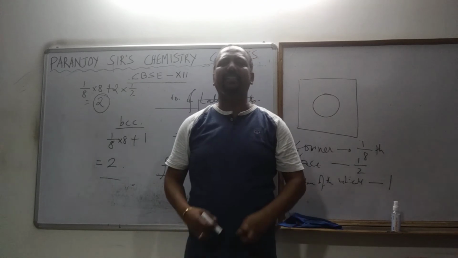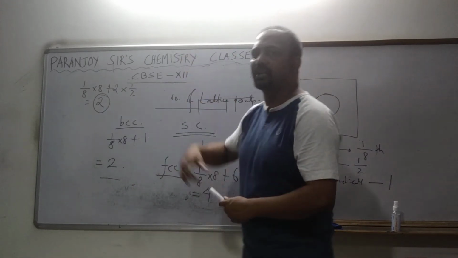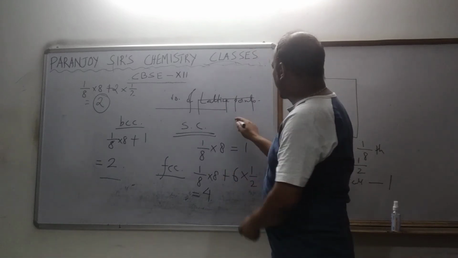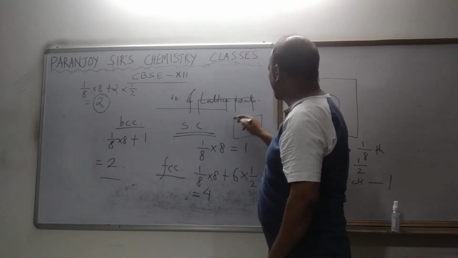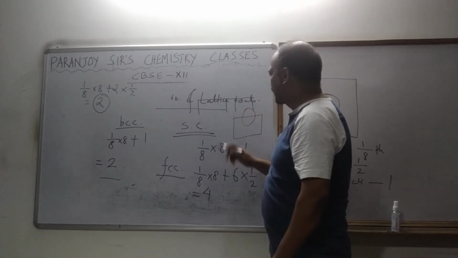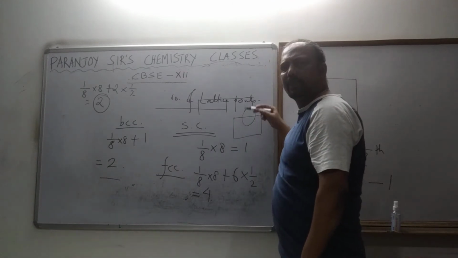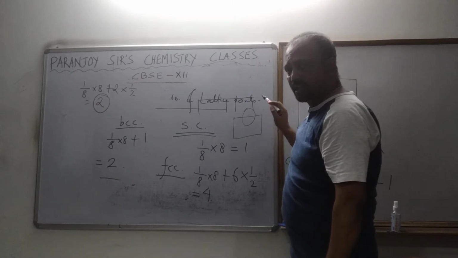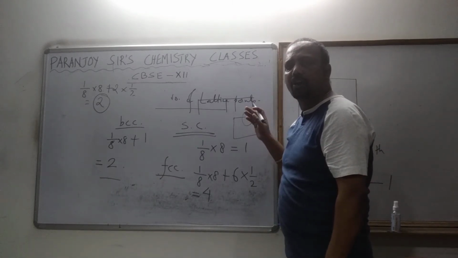Now, edge centered. Think of this corner, and this is the face of the room. At the center of the edge there is one sphere. Now this sphere is divided among how many rooms?